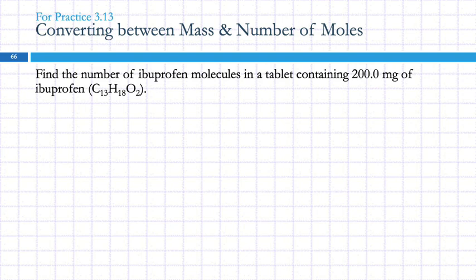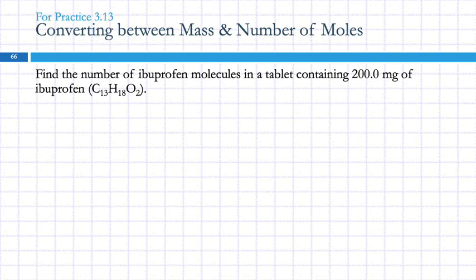So let's do an example. Find the number of ibuprofen molecules in a tablet containing 200.0 milligrams of ibuprofen. C13H18O2, because I don't even know that formula off the top of my head. I think it's always a reasonable approach when you're given a problem to see if you can use dimensional analysis first.